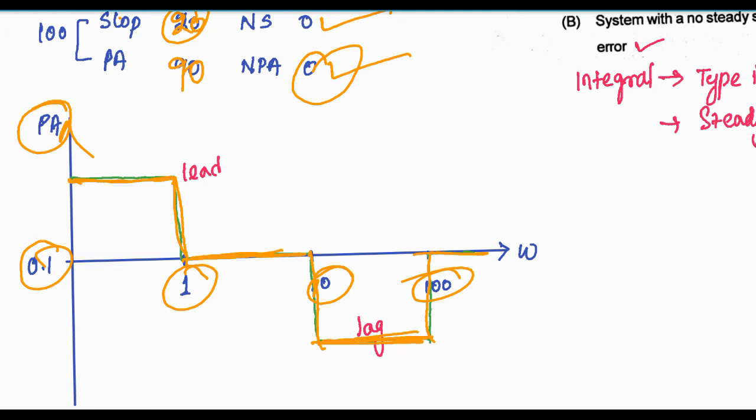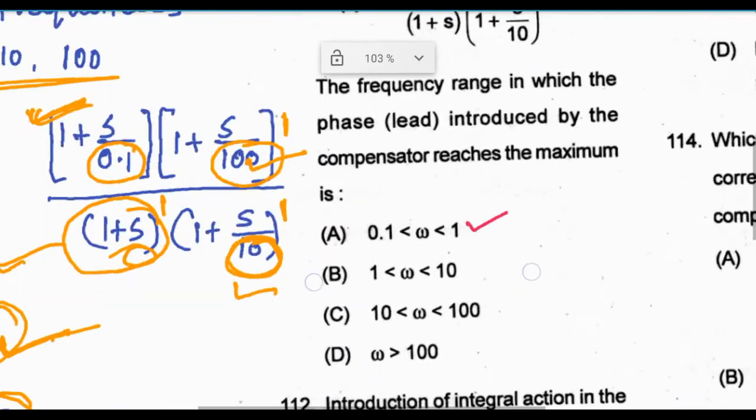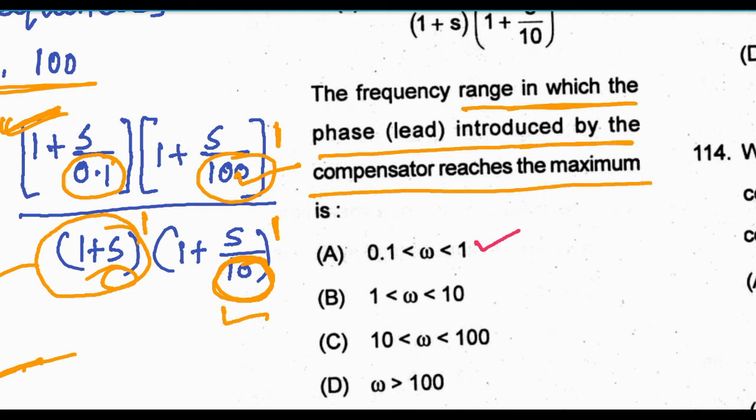This plus 90 represents the phase lead, and this negative 90 represents the phase lag. So what is given in the question? The frequency range in which the phase lead introduced by the compensator reaches the maximum.